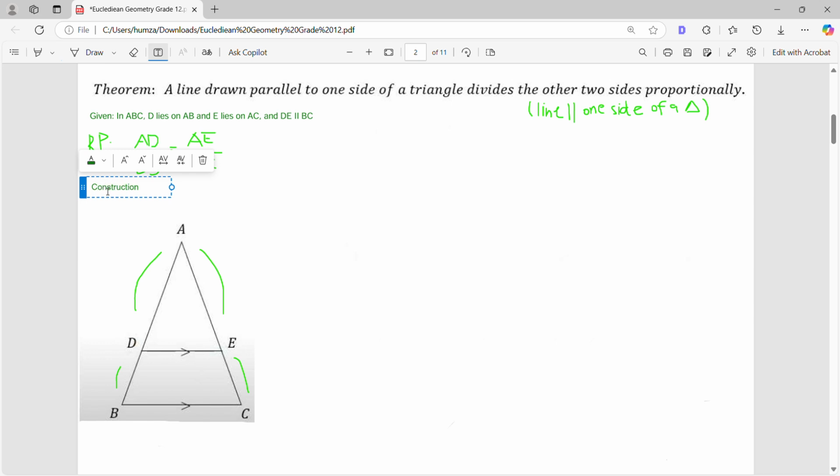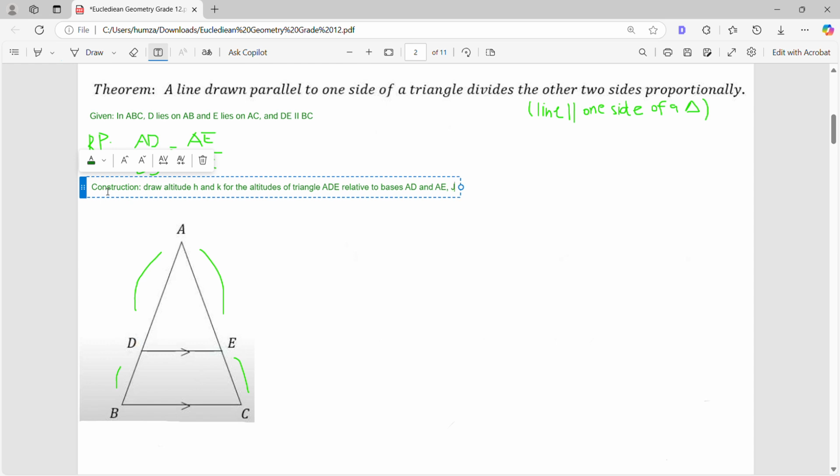Construction: draw altitudes h and k for the altitudes of triangle ADE relative to bases AD and AE.